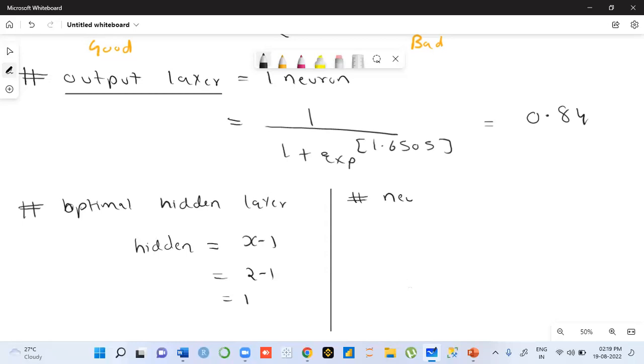Number of neurons in hidden layer. Your number of neurons has to be more than x. अगर 2x है तो न्यूरॉन्स कितने होने चाहिए? n. अगर 2x है तो मिनिमम कितने होंगे? Either 2 or more than 2. This way we decide the number of hidden layers and, within hidden layers, the number of neurons.